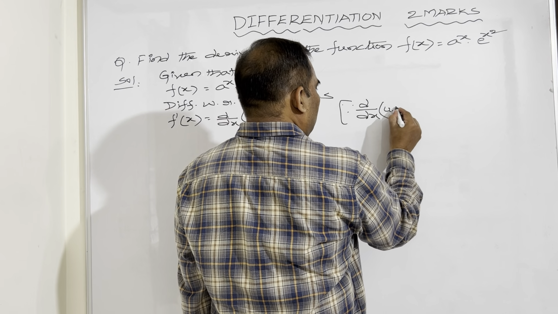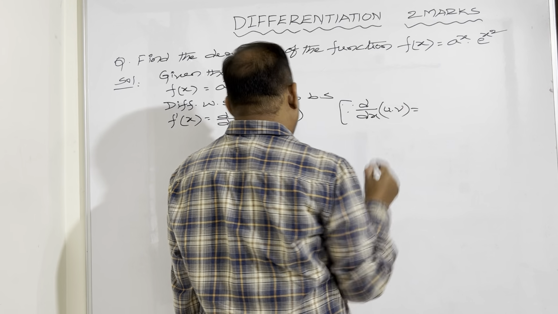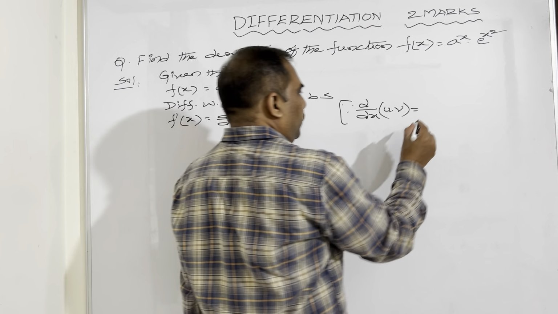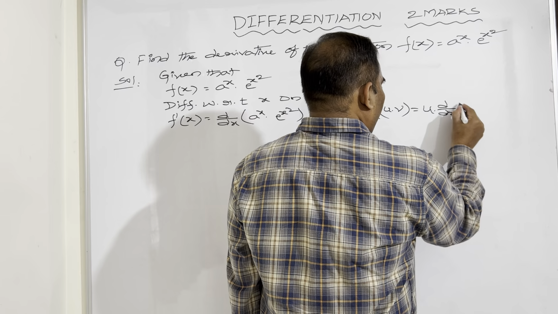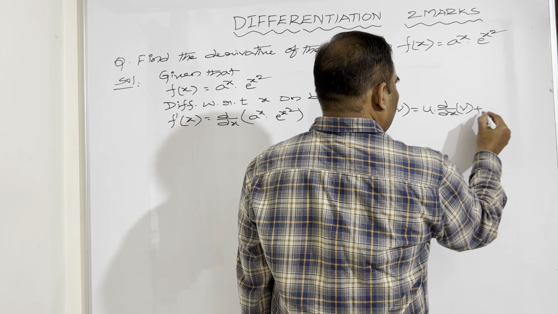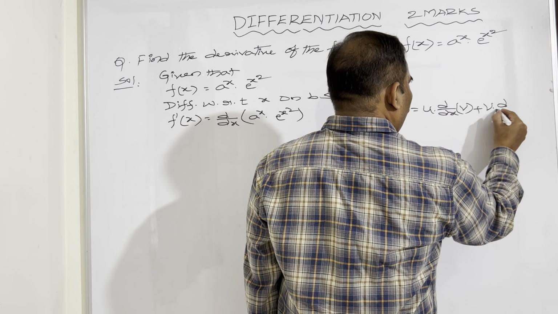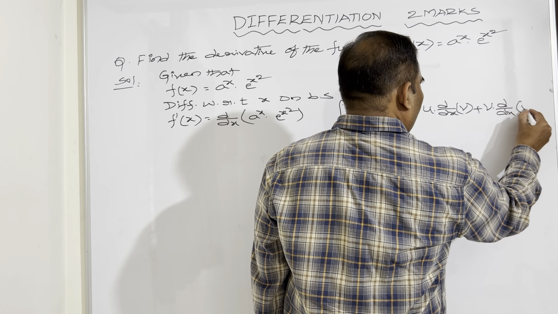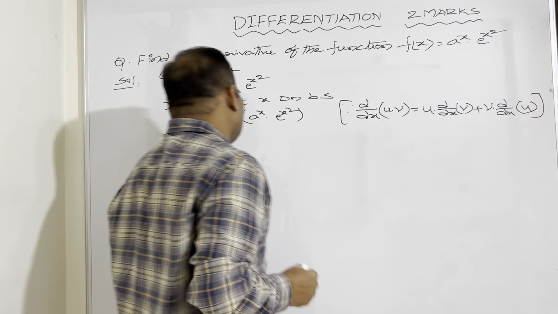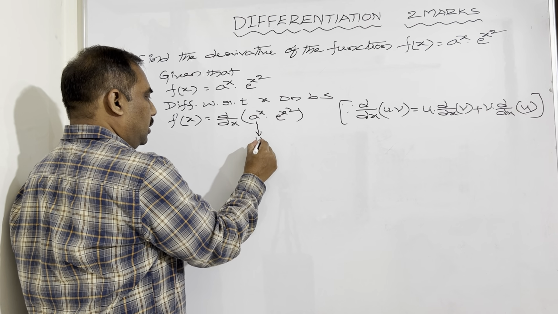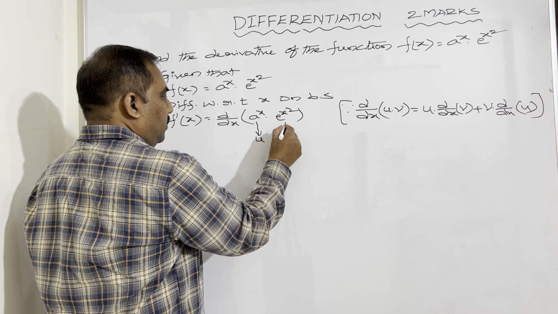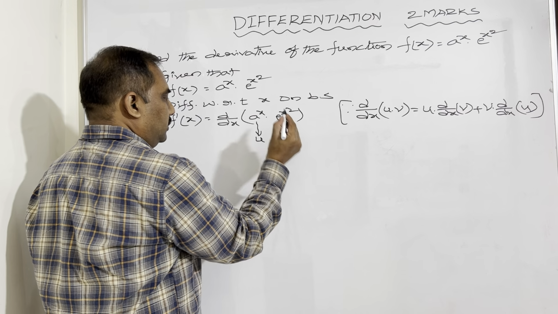Two functions are there, the product rule, like d by dx of uv. We have u into d by dx of v plus v into d by dx of u. So now here u is clearly a to the power of x and v is e power x square.